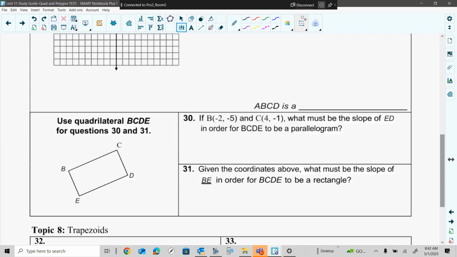Because they give us the coordinates of the point. What must the slope of ED be in order for it to be a parallelogram? So BC and ED are opposite, so they need to be parallel. So we're doing y2 minus y1 over x2 minus x1.